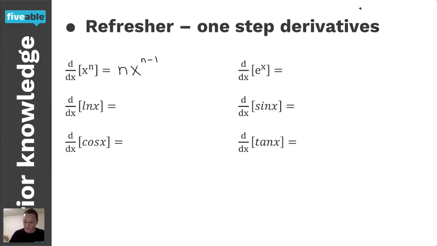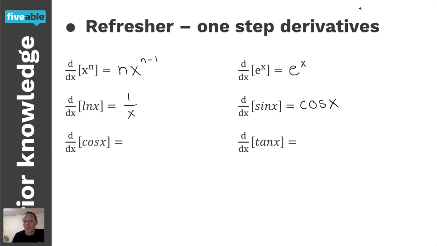Yeah, awesome. This is the easy one. Derivative of e to the x is itself, e to the x. All right, we've got the derivative of the natural log of x, which is 1 over x. So give yourself a pat on the back if you got that one. And now let's look at a couple trig functions. What did you guys come up with for the derivative of sine x? Awesome, cosine x.